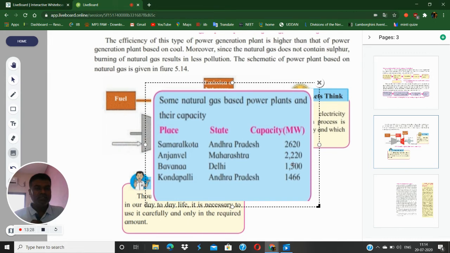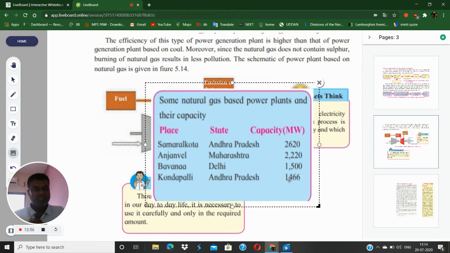Look, we have to remember the names a little. Their electric generating capacity is 1500 megawatt. The next one is Kondapalli from Andhra Pradesh, having an electric generating capacity of near about 1466 megawatt. I will repeat this again in the coming animation slide.